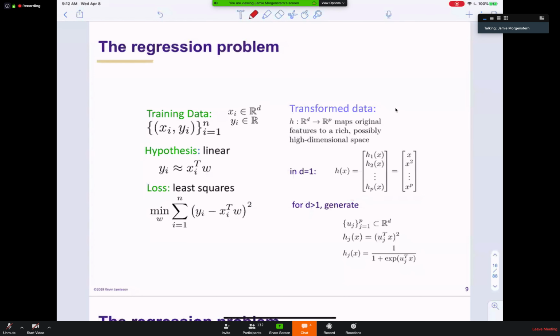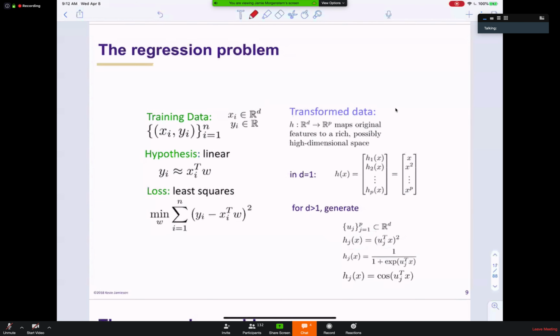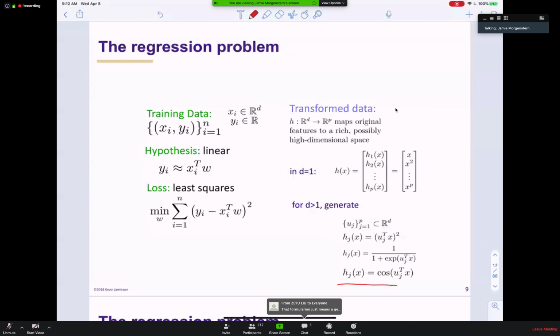Or we could think about just some simple thing where we're looking at quadratic terms. Or we could use some kind of cosine function to change the representation of our x's.